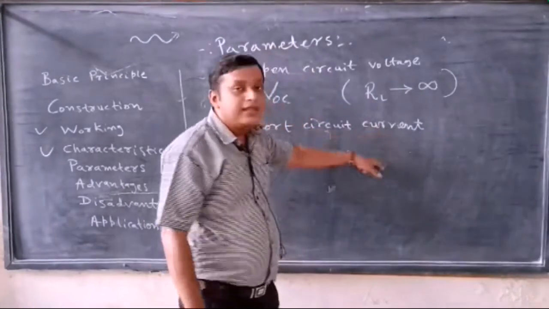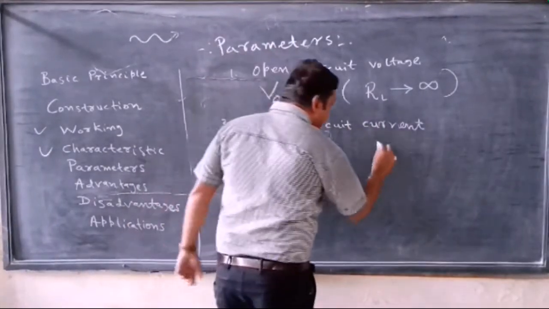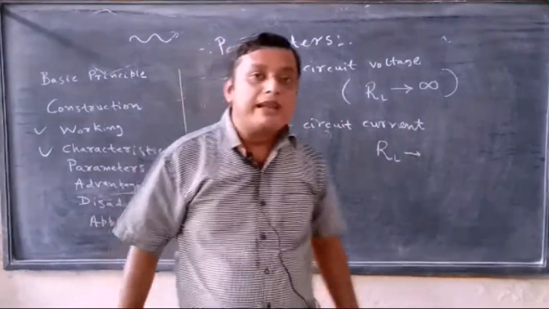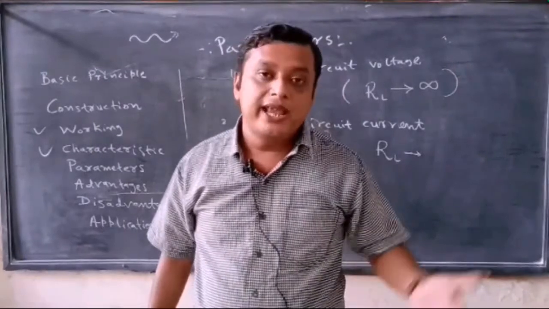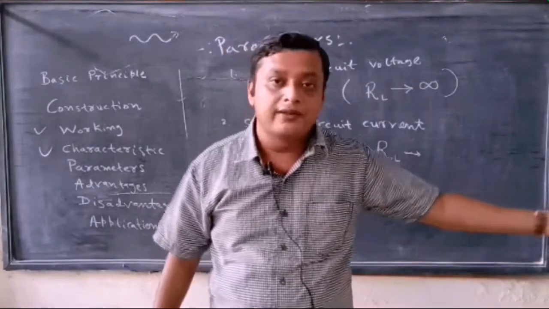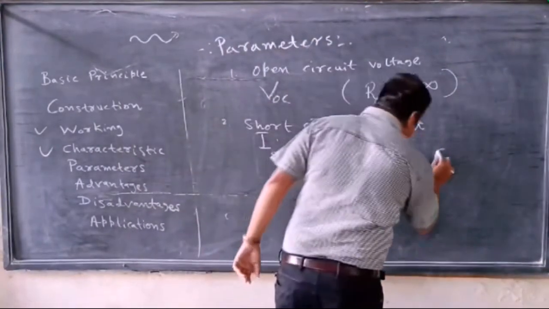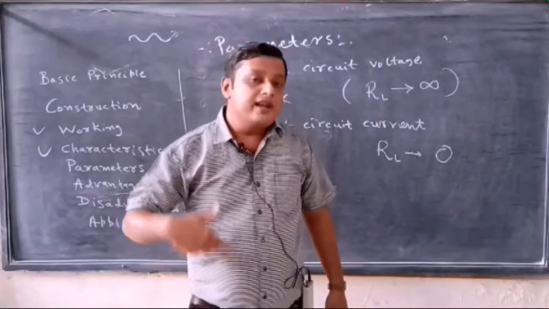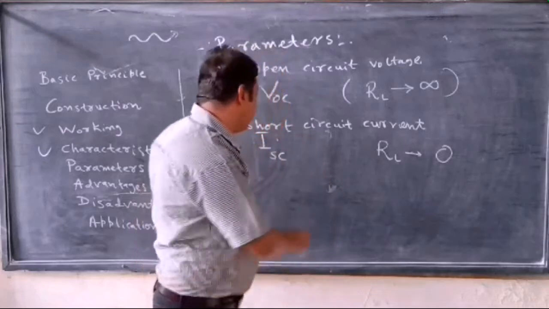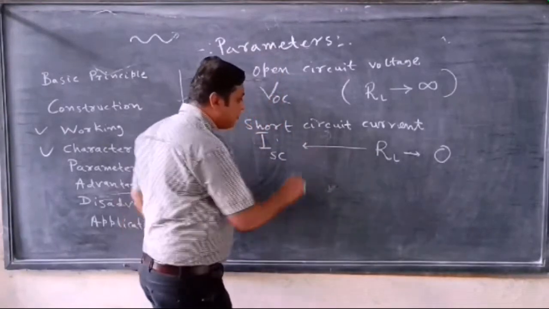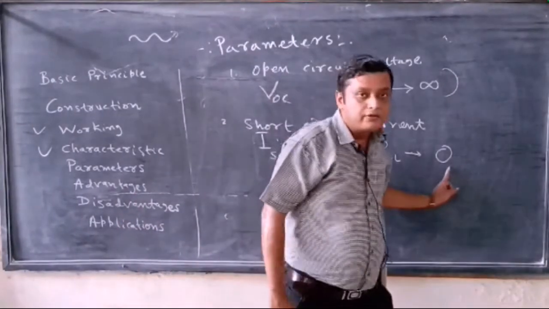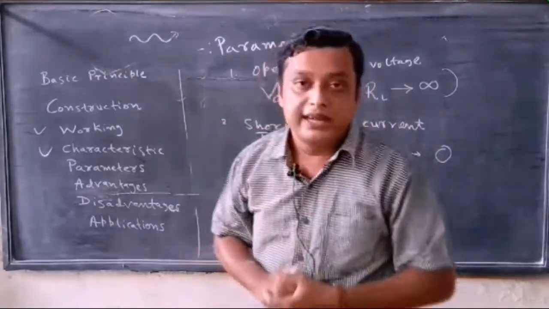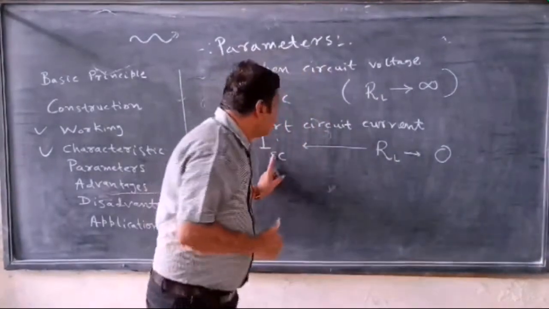The load resistance is at its minimum value, RL tends to 0. So maximum current will be generated through the solar cell, and the current achieved whenever load resistance tends to 0 is known as short circuit current.